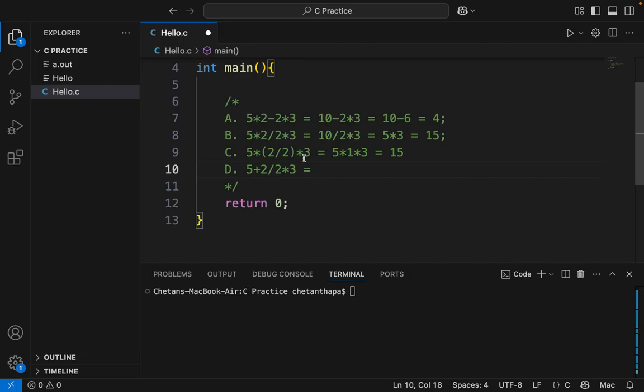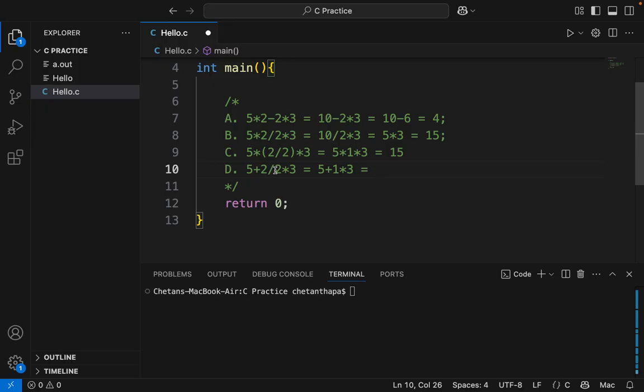Here we have plus, divide, and multiply. The highest precedence is of divide and multiply, so going from left to right, 2 divided by 2 will be 1, into 3.